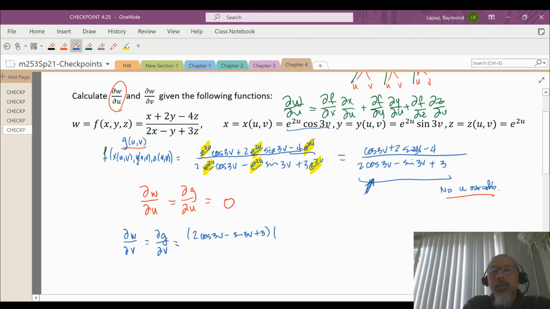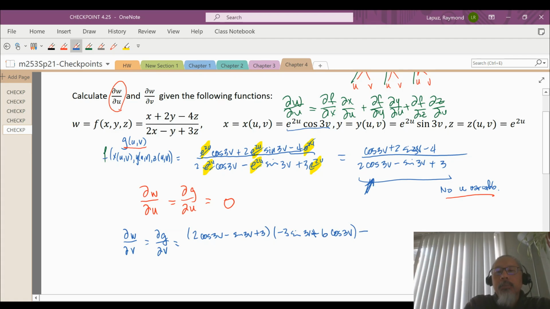D high, the derivative of the numerator. Derivative of cosine is negative sine. There's a 3 that pops out every time we take the derivative because of the chain rule. And then we have a 2 times that 3 that would pop out. So that's a 6. And then derivative of sine is cosine 3v. And then derivative of negative 4 is 0.